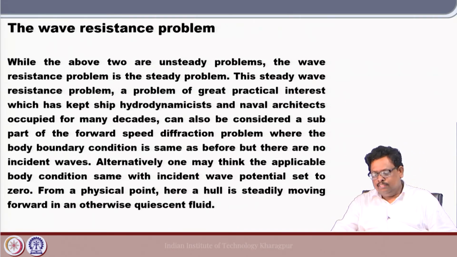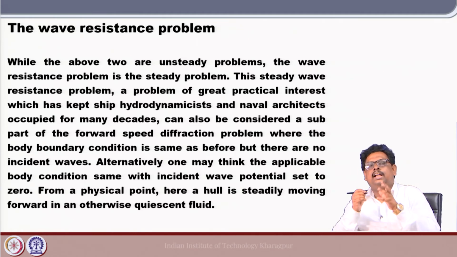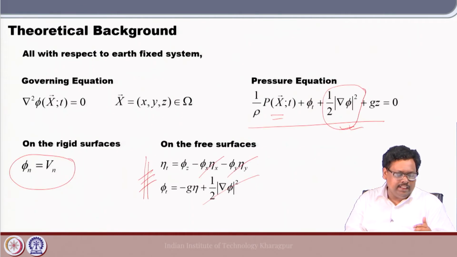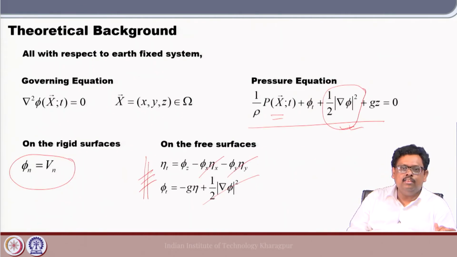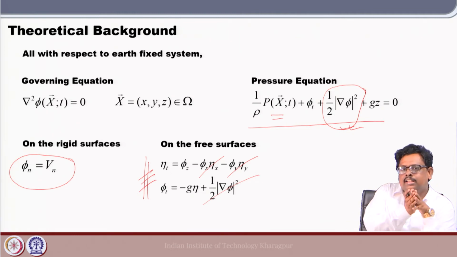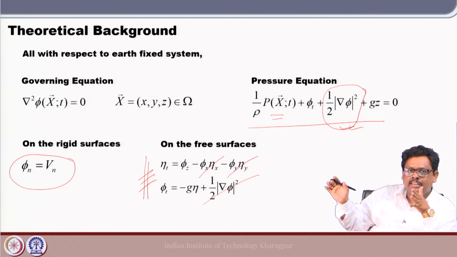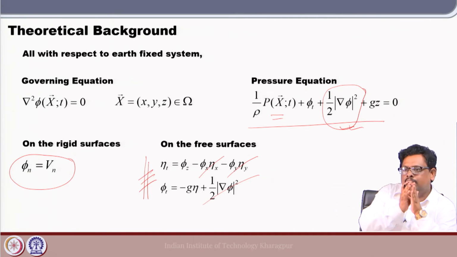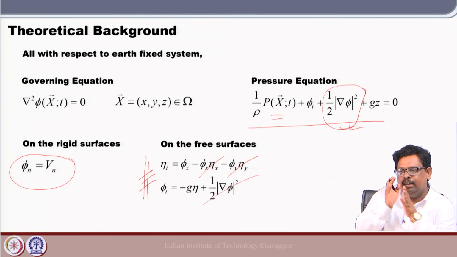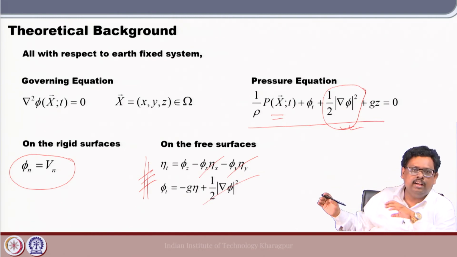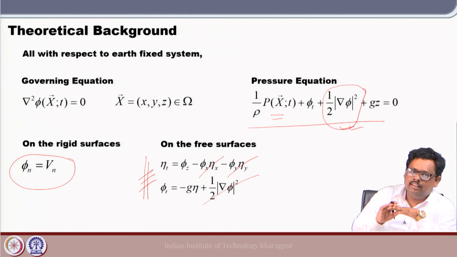Okay. So, now these two things, if I go back over here, this phi n equal to V n is my original radiation problem. Now, since here I am not decomposing with all the 6 phi's, that phi equal to phi diffraction plus phi incident plus 6 modes of phi radiation, I am not doing it.